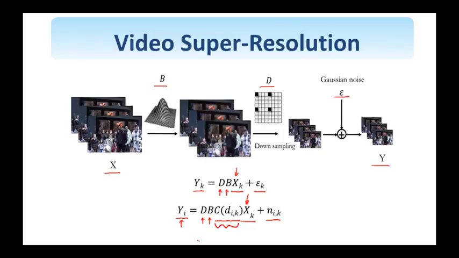The main difference is that this now C of d i k, as shown here, does not refer to a global motion or global warping of the frame X of k, but instead to a local one. So we need to find the motion of the moving objects in the scene.